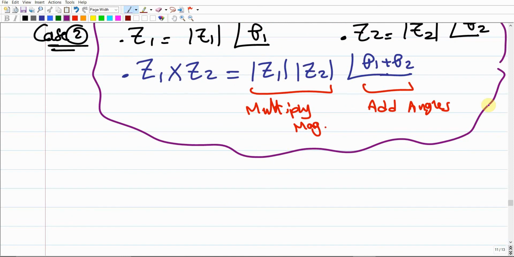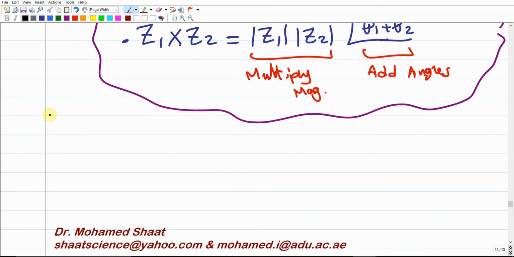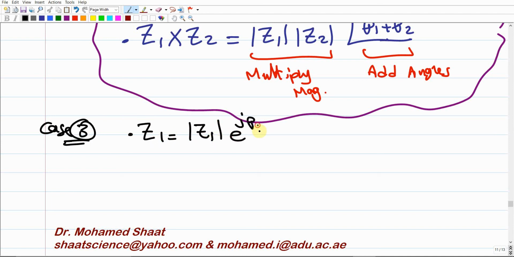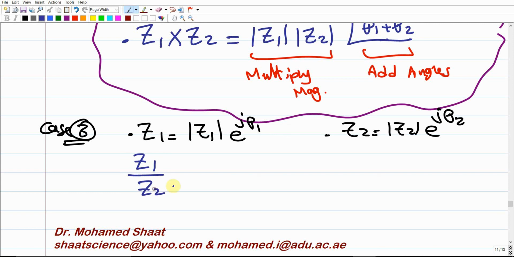How about the division? Instead of multiplying, you're going to divide and you're going to subtract. For example, case 3: if z1 is given as the magnitude of z1 e^(jθ1), and z2 is given as the magnitude of z2 e^(jθ2), how much is z1 divided by z2?